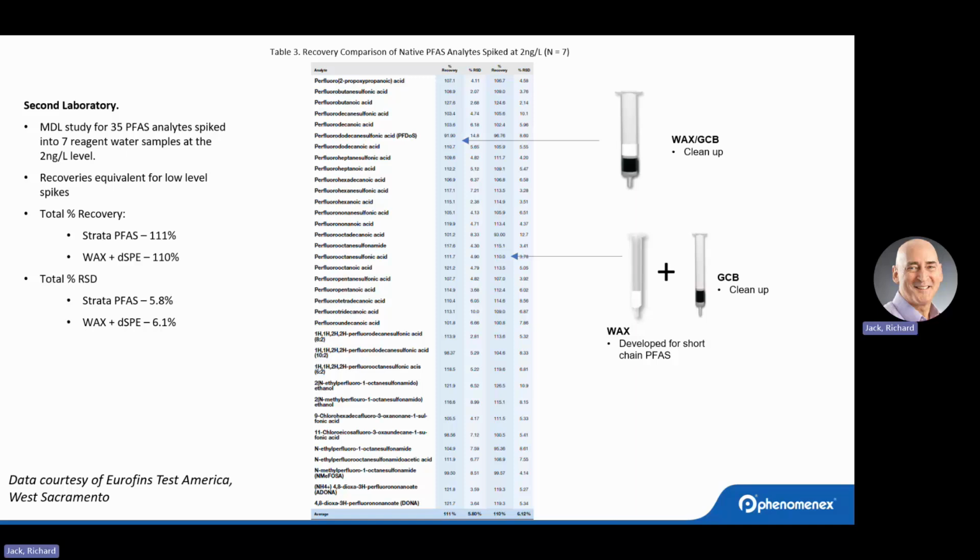So for the stacked PFAS cartridge, we get about 111% if we add those all up. And the two-step approach using WAX plus dSPE is about 110%. So pretty much equivalent between the two for the total percent recovery. And finally, the percent RSDs are also very equivalent between the two.